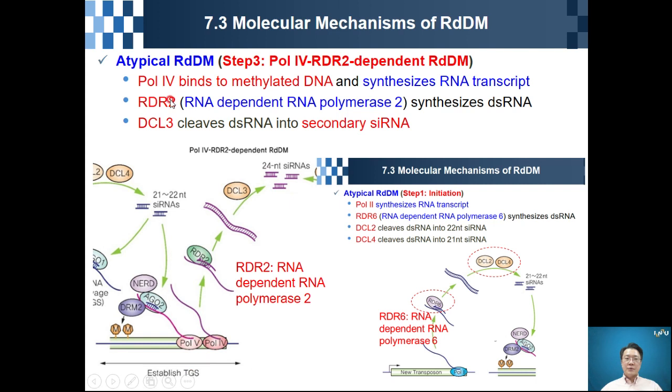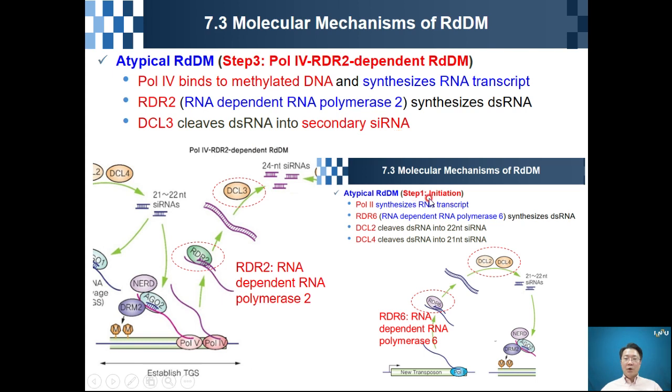RDR2 is RNA-dependent RNA polymerase 2, which can bind to the RNA transcript. After that, it can synthesize the dsRNA. After that, DCL3. In step 1, DCL2 and DCL4 cleave dsRNA, but in step 3, DCL3 cleaves the dsRNA into secondary siRNA.